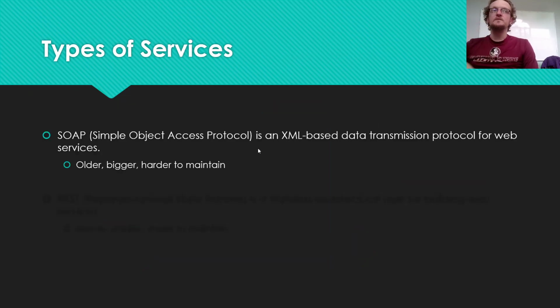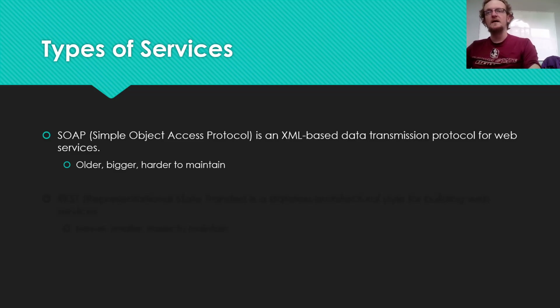We talked a little bit about the progression of services architectures in the last video. What I want to do here is go a little more into detail about that. The first, older case is called SOAP, which stands for Simple Object Access Protocol. This is entirely based on XML.